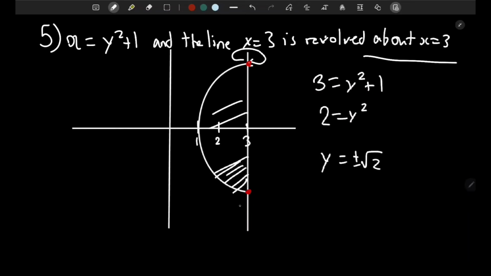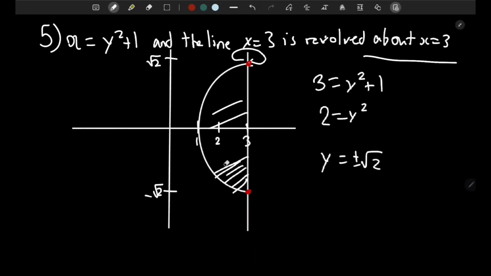So this lower point is negative radical 2, and this upper point will be positive radical 2. So now we know our limits.